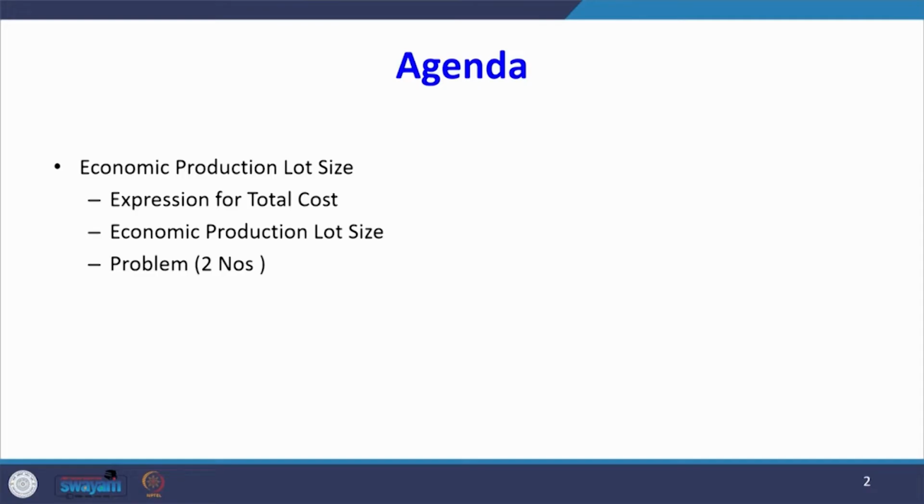Dear students, in the previous lecture I explained economic order quantity. In this lecture I am going to explain another inventory model, called the economic production lot size model. The agenda is to explain what economic production lot size is, then derive an expression for the total cost.